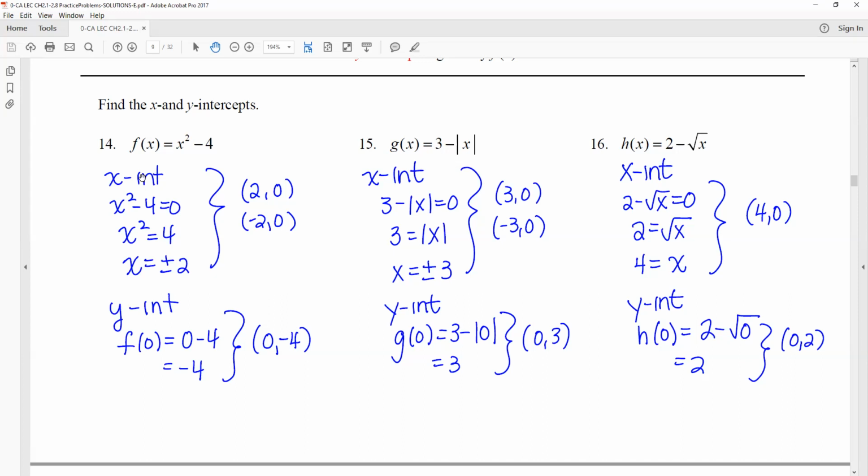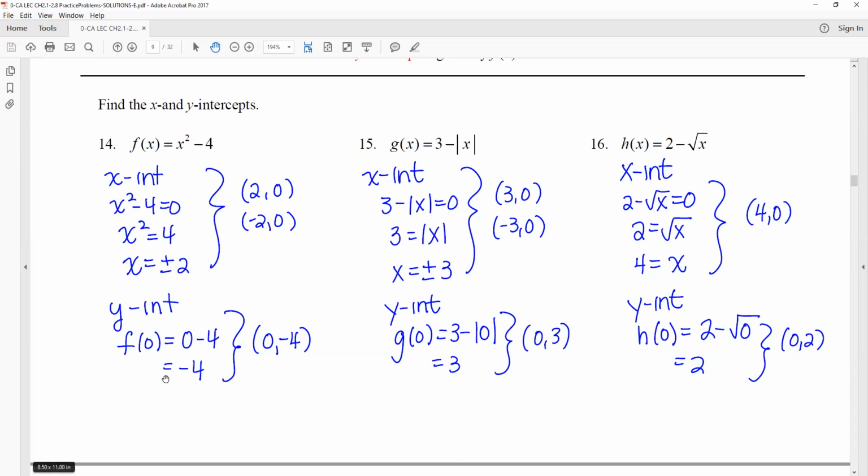If we want to find the Y-intercept, we replace X with 0. If you remember, f of X is equal to Y, so we're going to replace f of X with 0. So we get 0 equals X squared minus 4. X squared equals 4, X equals plus or minus 2. That generates 2 points, the point 2, 0, and the point negative 2, 0.